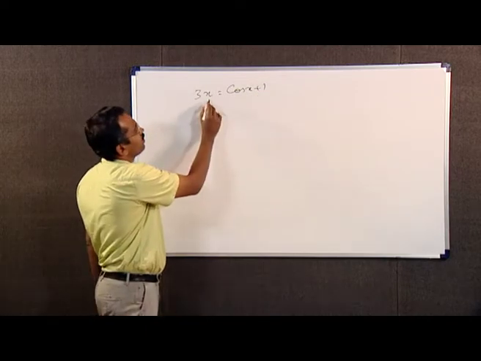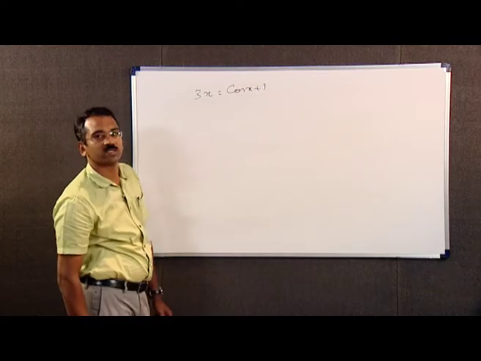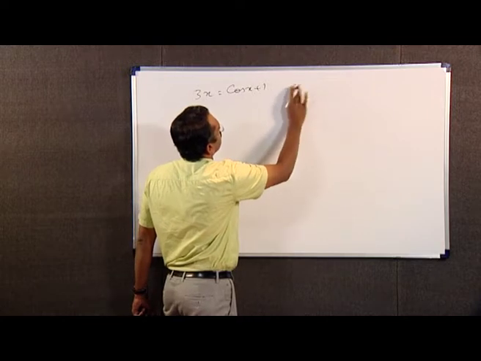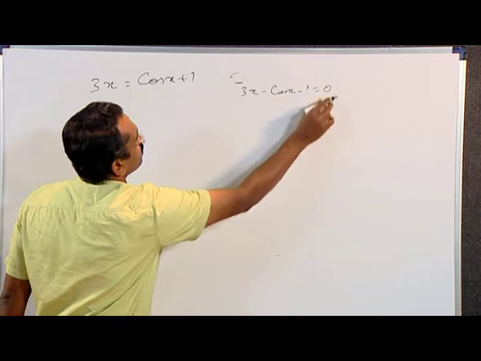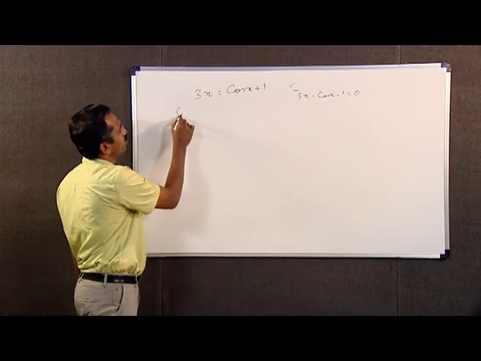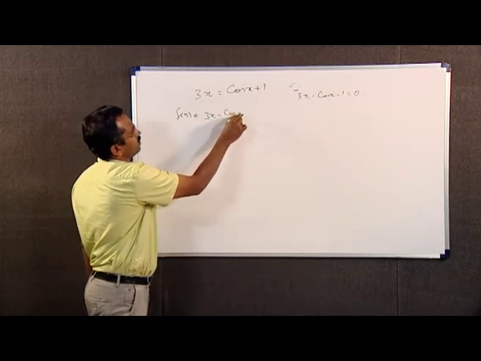Here, this equation can be written as 3x minus cos x minus 1 is equal to 0, which is of the form f of x equal to 0, where f of x is equal to 3x minus cos x minus 1.